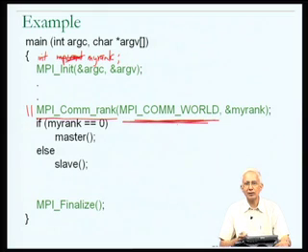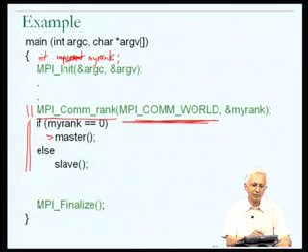Subsequently, depending on what this particular process finds its own rank to be, in this example I'm assuming that if there are 100 processes, then one of them is going to be doing important work which I designate as the work done by the master process, and the remaining 99 are going to be doing very similar work, which I'll designate as the work done by the slave process.